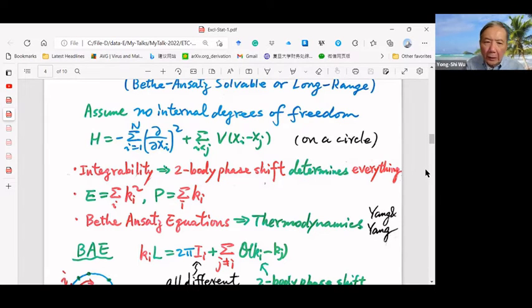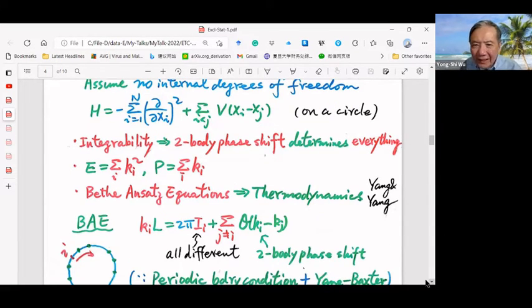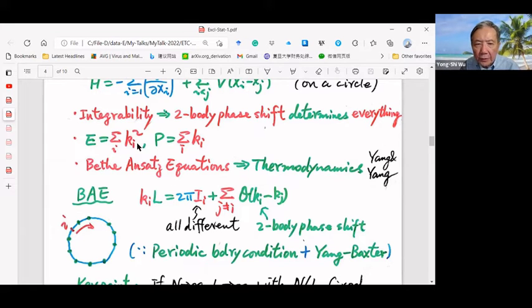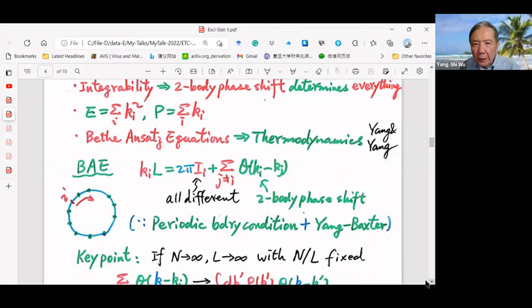Then the integrability of the system tells us that the two-body phase shift during the two-body elastic scattering actually determines everything. Total energy is the sum of the usual kinetic energies, and momentum in one dimension is also the sum. Then the Bethe ansatz equation for the many-body system finally gives us thermodynamics.